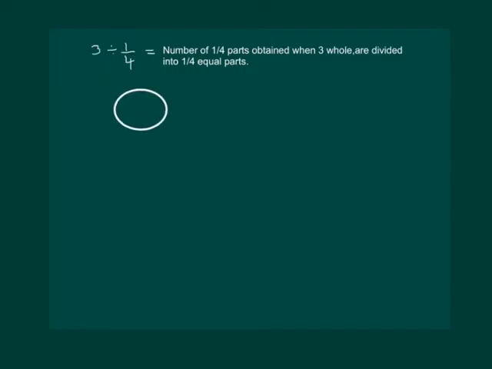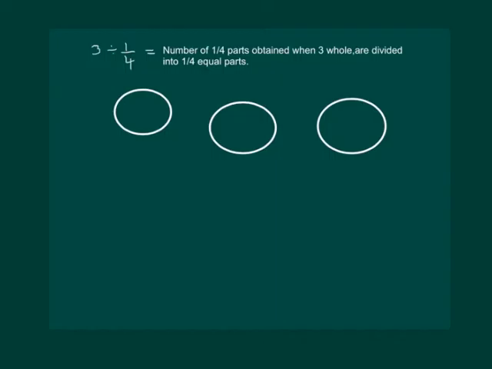Consider another example, 3 divided by 1 by 4. This means we have 3 whole things and we divide each whole thing into 1 by 4 equal parts and find out how many parts we finally get. And that would be our answer.